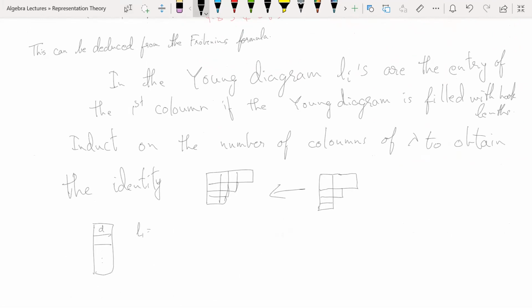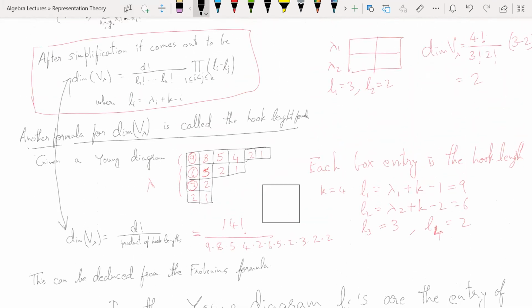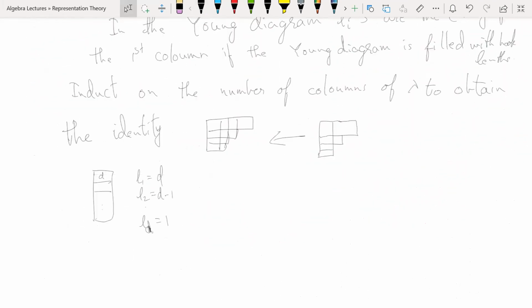L1 is d, L2 is d minus 1, and so on, up to Lk is 1.